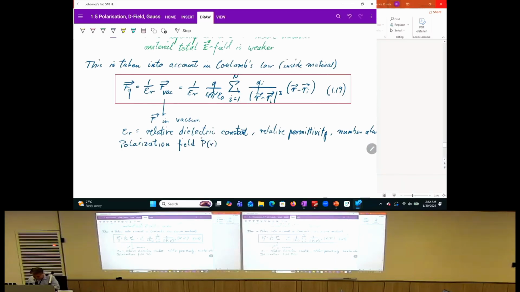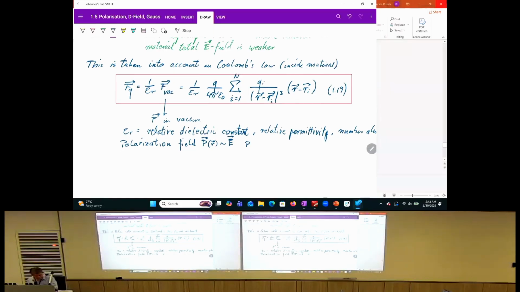So we name that polarization field P of R, and it is proportional to the electric field. Specifically, for the scenario we look at here, the proportionality is given by this relative dielectric constant.